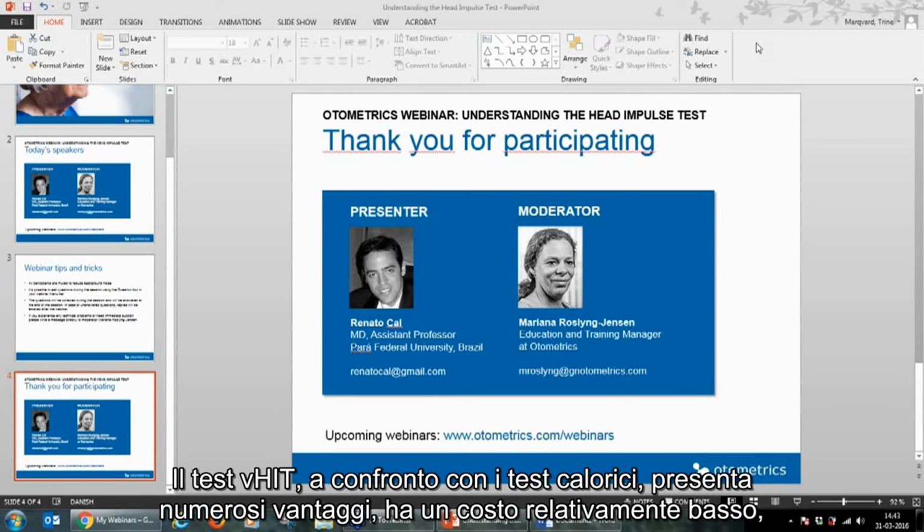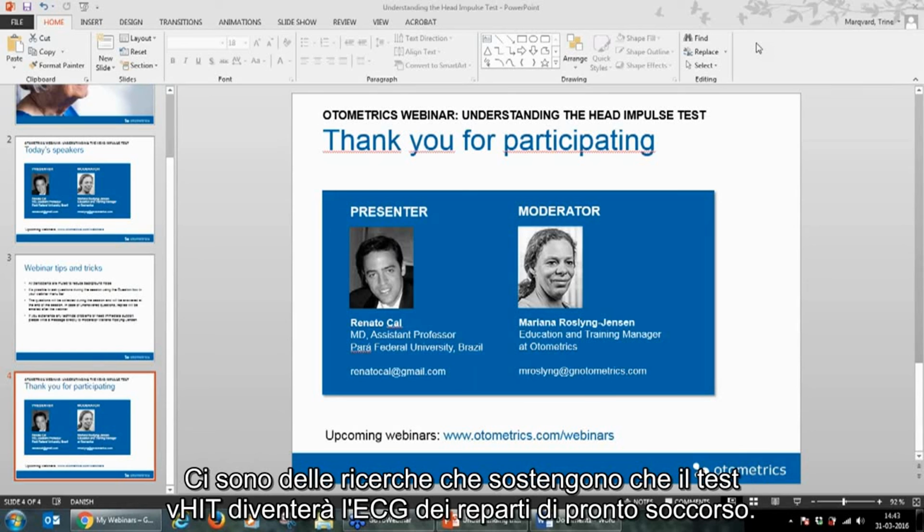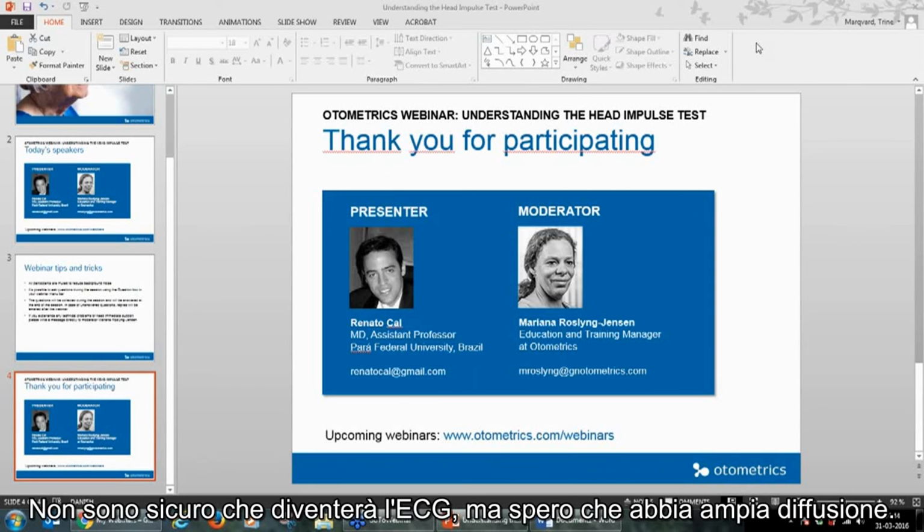When we compare it with calorics, it has a lot of advantages, and a relatively low cost. I hope vHIT becomes available in all emergency departments. Some research says that vHIT is going to become the EKG of the emergency departments. I'm not sure if it's going to become the EKG, but I do hope that it becomes popular.